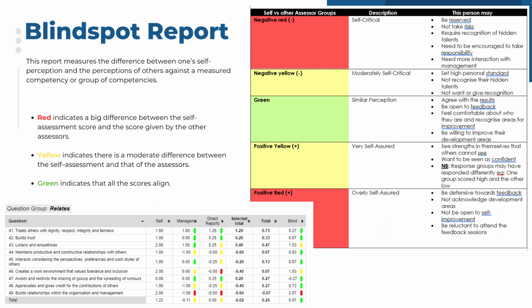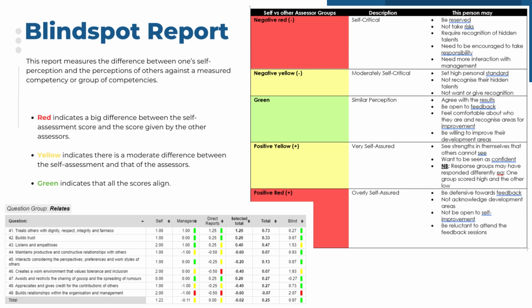In this example, as you can see on the slide, it shows bright red when the standard deviation goes past a set point. That means there is too much difference between what the respondent thought about themselves, self-assessing, and what the other groups thought as a combination. So this is pretty important. It doesn't necessarily single out per group; it gives you a complete average as well.